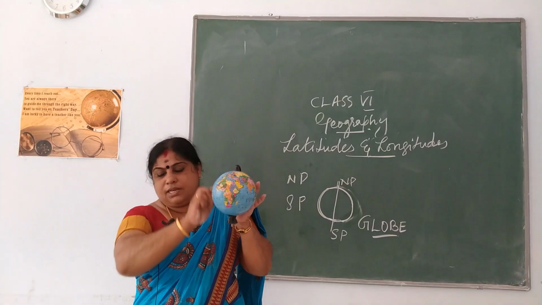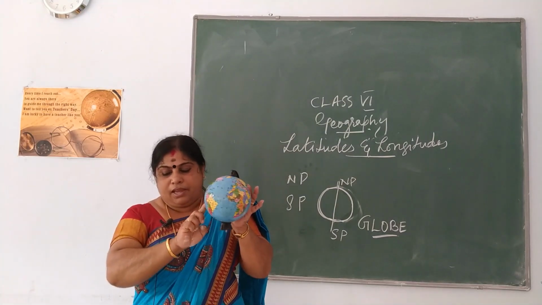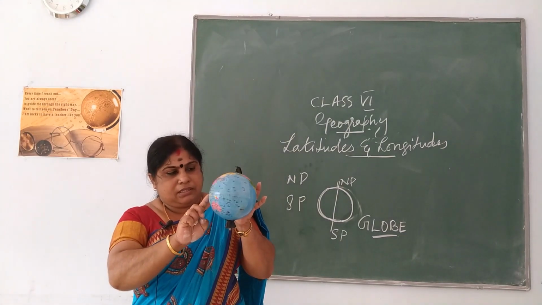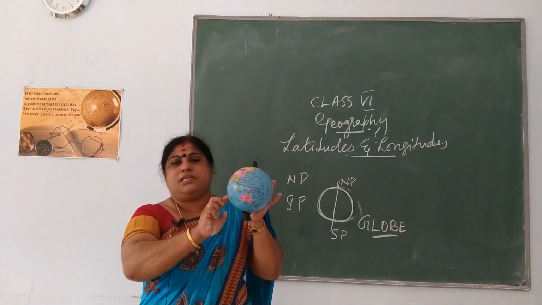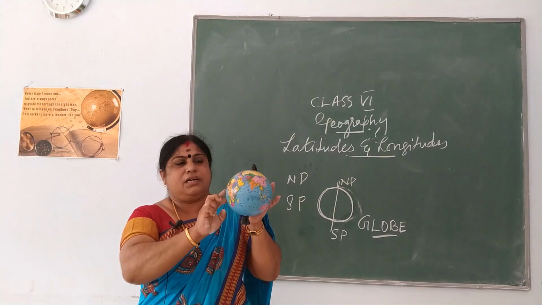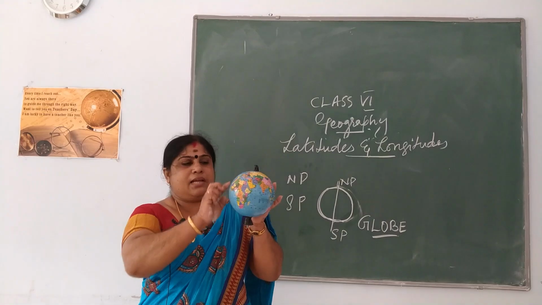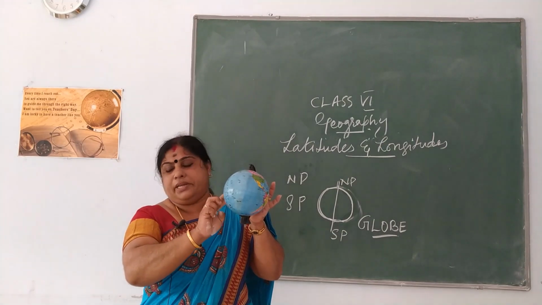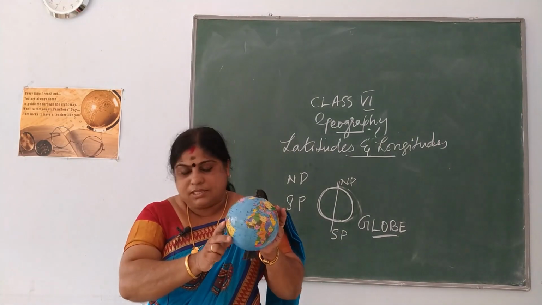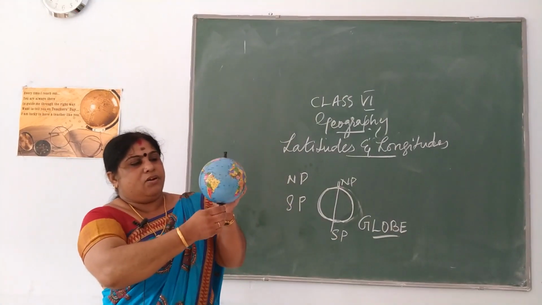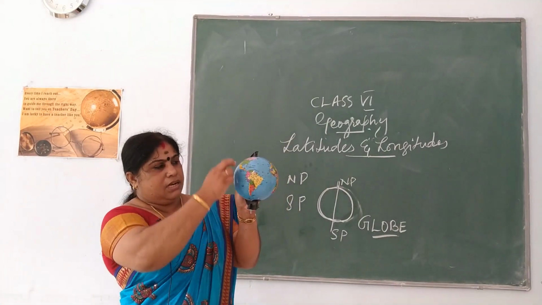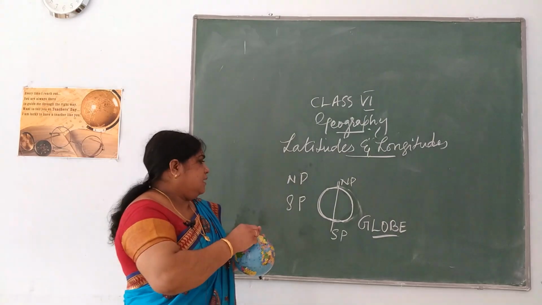It spins on its axis in a way similar to how the earth rotates on its axis. Our earth also has an axis on which it keeps on rotating round and round. Even on this globe you can see the axis here. This axis is a little bit tilted.